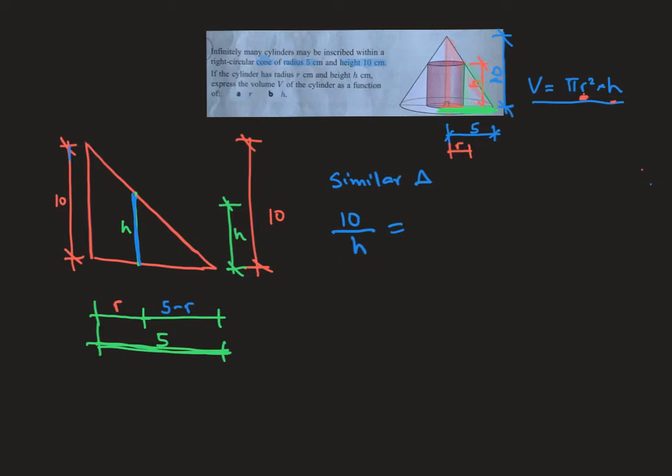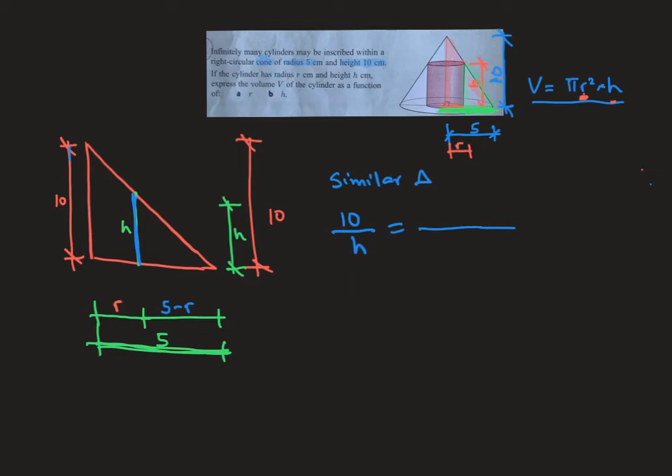If I started in my numerator with this 10, it's from the big triangle, then on the other side I have to have the value from the big triangle as well, which means this one, 5.